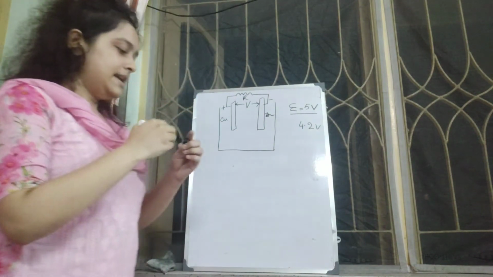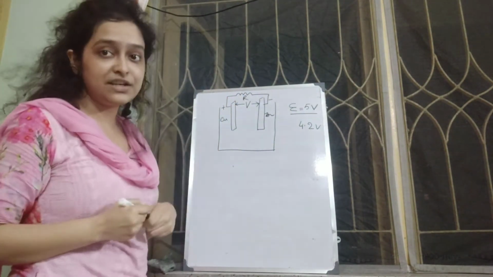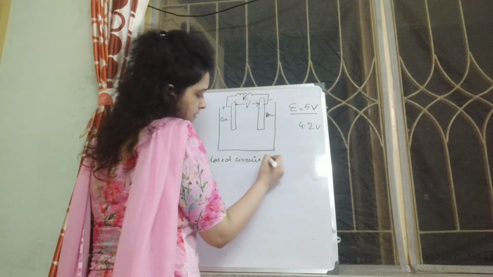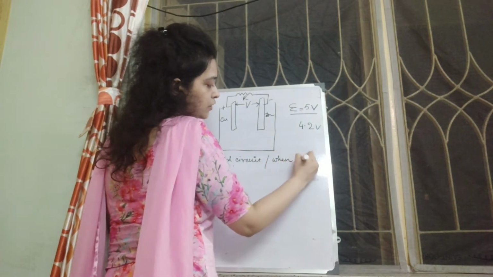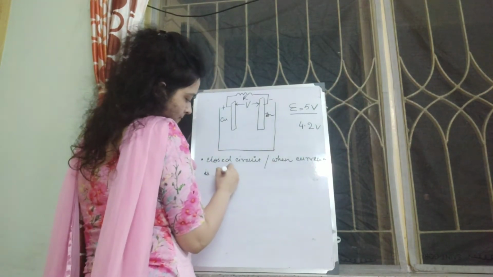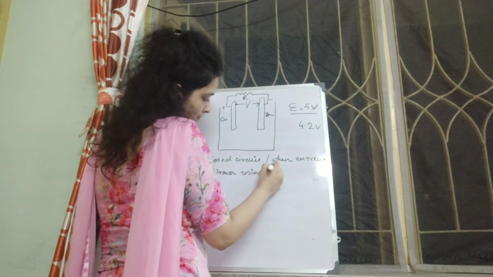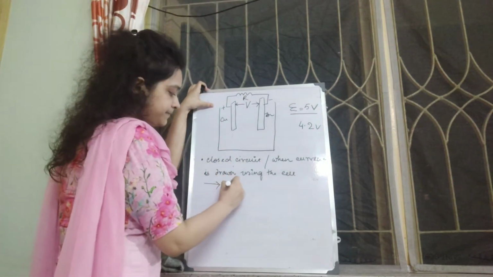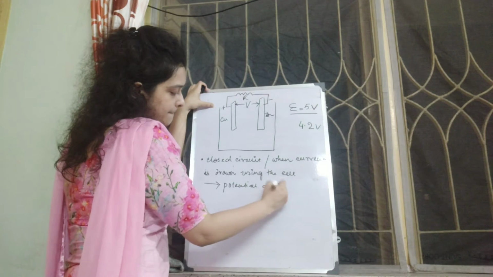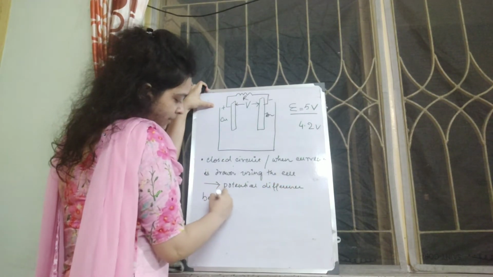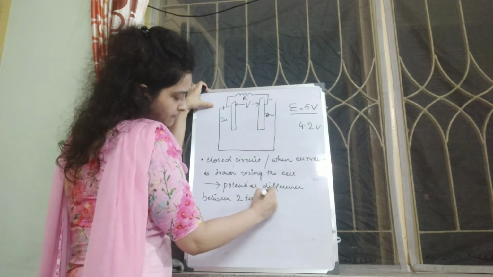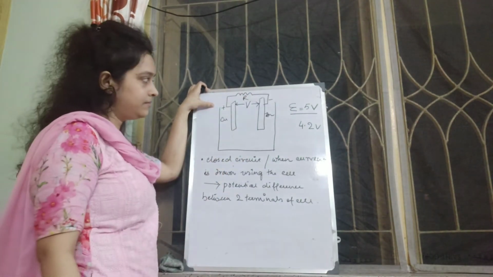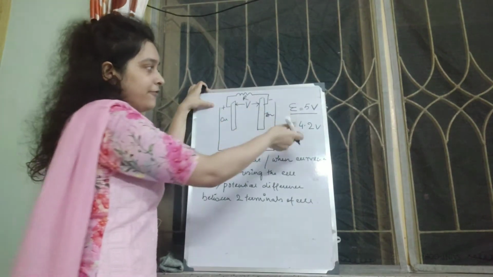That means in the closed circuit condition, or when current is drawn using the cell, you find the potential difference between the two terminals of the cell to be less than the EMF of the cell, right? I have found it's 4.2 volt.